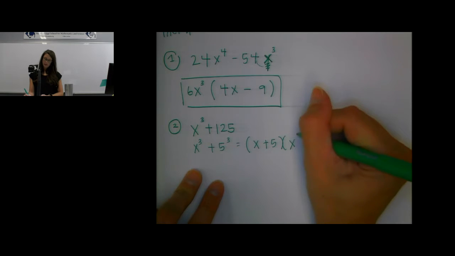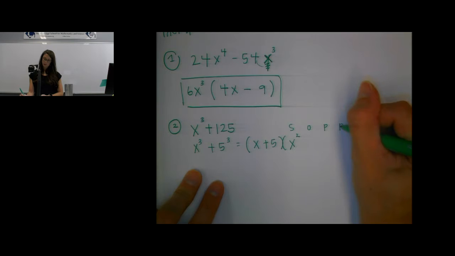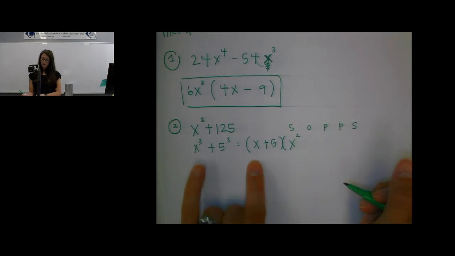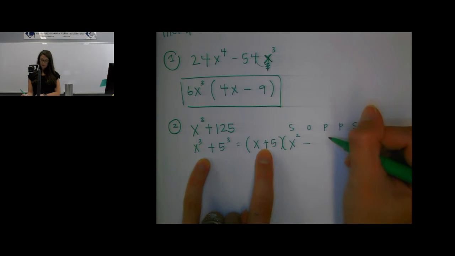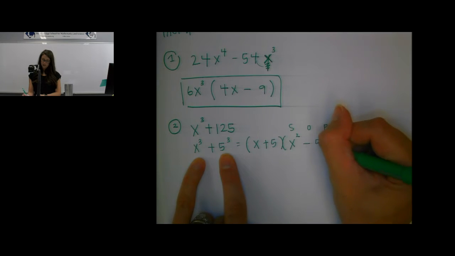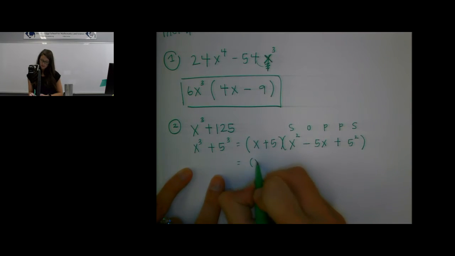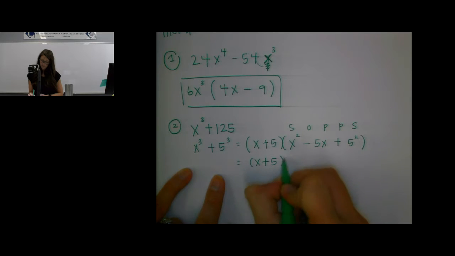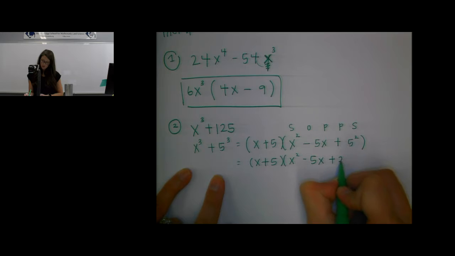And then it's going to be squared, opposite, product, plus squared. So the opposite sign of plus is a minus. The product of 5 times an x, always a plus sign, and then a 5 squared. So the factored version is going to be x plus 5 times x squared minus 5x plus 25.